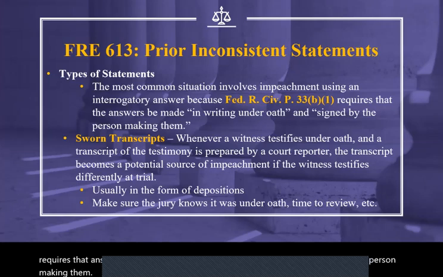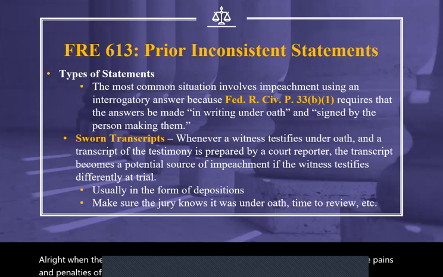So in civil cases, right, you get to do interrogatories. Interrogatories are basically just a list of questions, and you are limited to a certain number that you send to the other side, and the other side has to answer them. And then they send you questions, and then you have to answer them, right? When they do it, it's supposed to be done under oath, right? It's signed under the pains and penalties of perjury, et cetera.